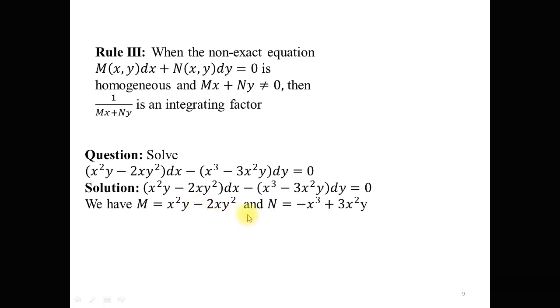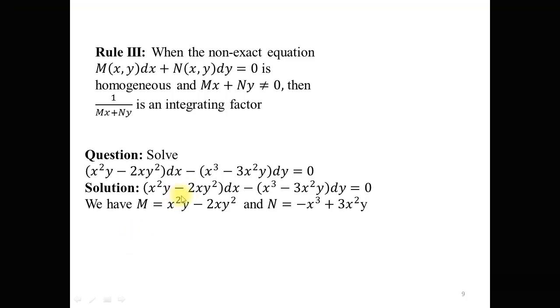If the M function and N function are homogeneous, then the differential equation will be homogeneous. How can we identify that the M and N functions are homogeneous? If the degree of the M function in each term is equal, then the M function and N function are homogeneous. For example, you see over here the degree in this term is 2 plus 1, that is 3, the power of the variables.